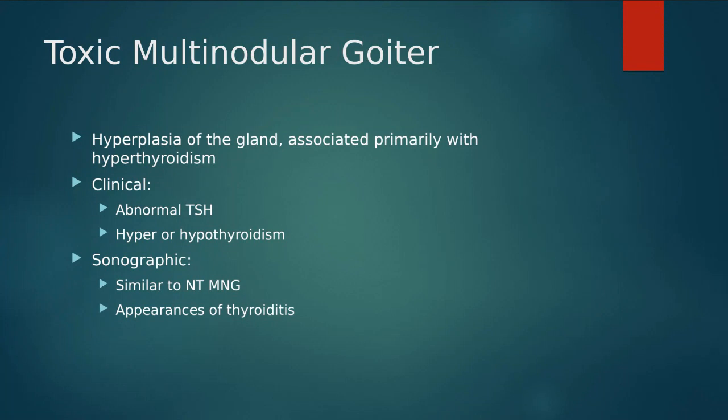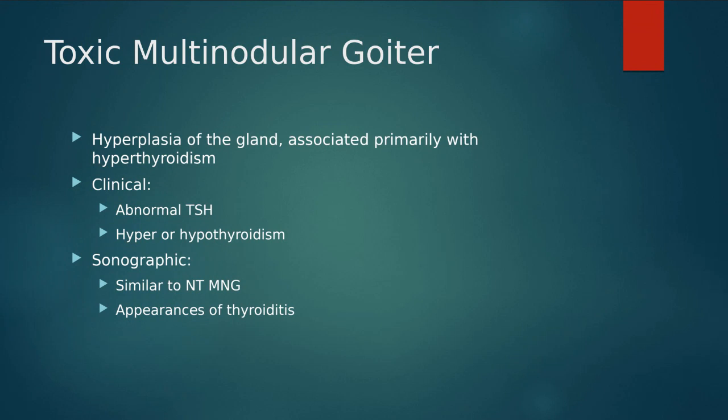Now, this clinically, we're going to see abnormal serum levels. We're going to see an abnormally high thyroid stimulating hormone from the pituitary gland. And then we're usually going to see hyperthyroidism. But again, depending on how long this has been going on for, we could see hypothyroidism in chronic cases.